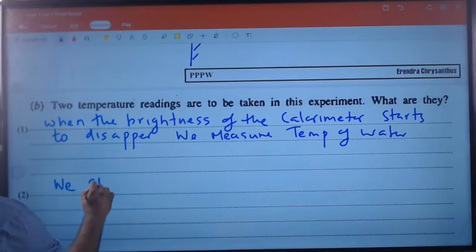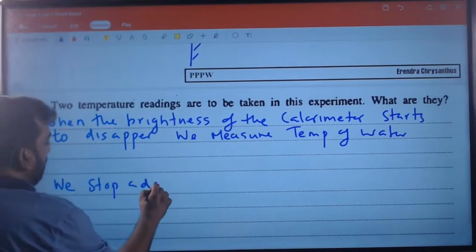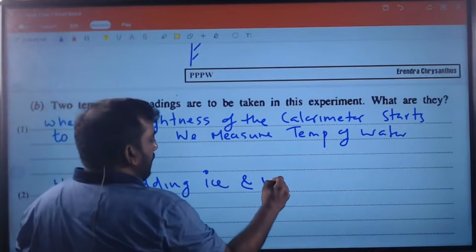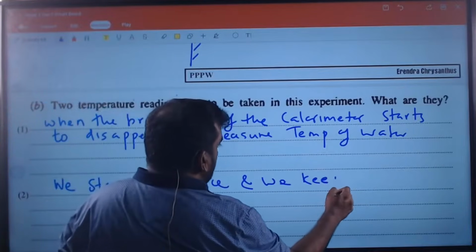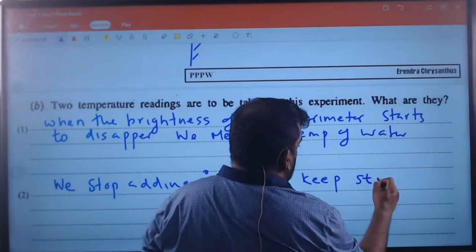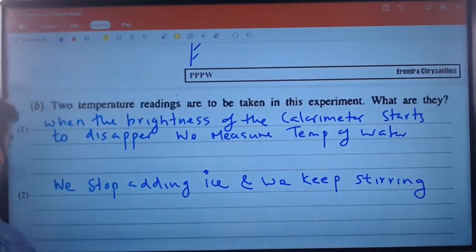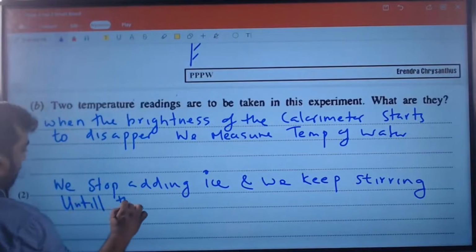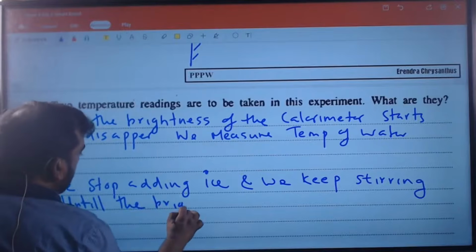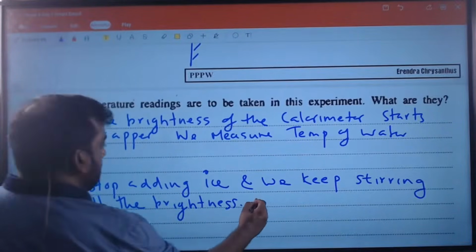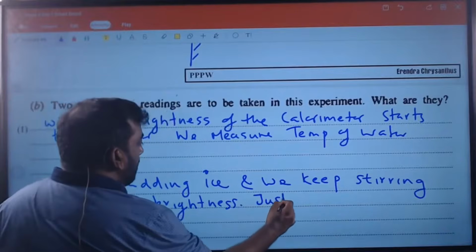We stop adding ice and we keep stirring until the brightness just reappears.